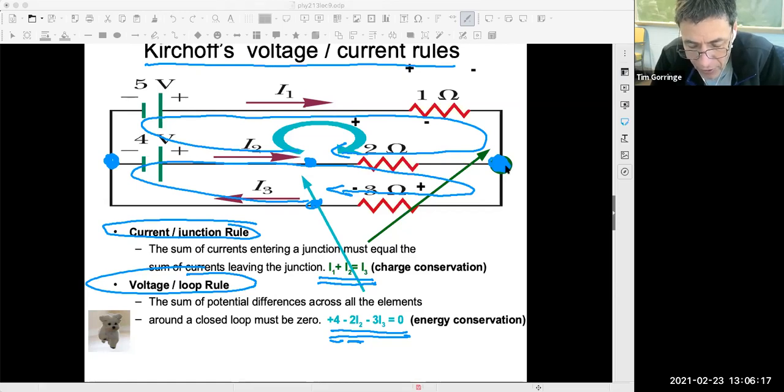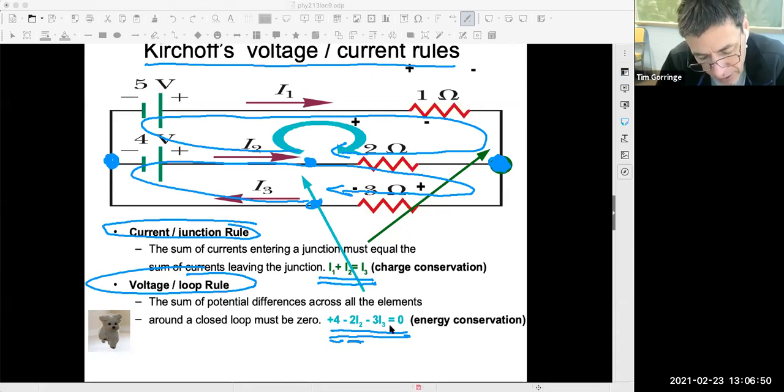I walk to the far right over here, this node that we met before, and then I will start walking back towards the left to my final location where I started, and I meet another resistor. And so again, there's going to be a potential difference across this resistor according to Ohm's law. When I walk across this resistor, there'll be a potential difference that is given by the product of the current and the resistance of the resistor.